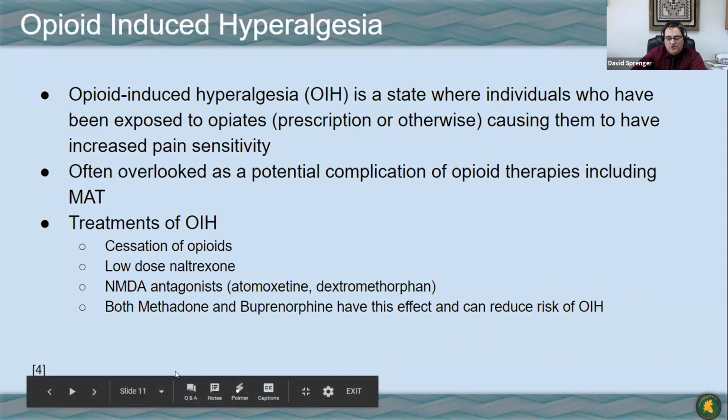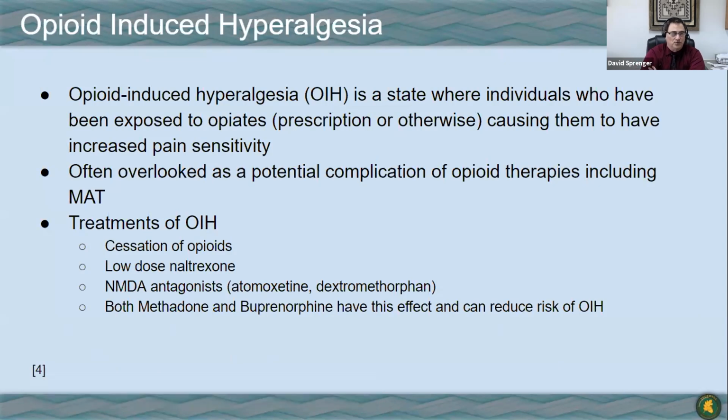After someone is off of the opioids, starting on low-dose naltrexone, and again, naltrexone is an opioid antagonist, but providing that at low doses on the order of 3 to 5 milligrams can actually reset some of the pain sensing networks in the brain and reverse the hyperalgesia.